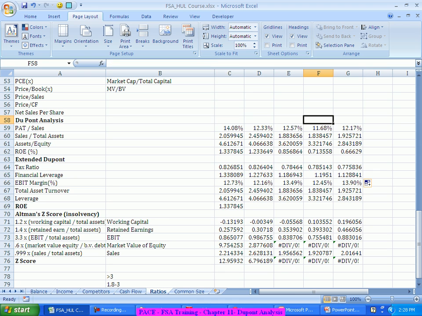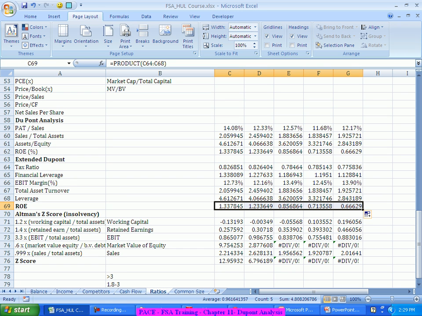So I have to do proper debt management, proper tax management. Only when I improve on all these numbers can I improve my ROE to the previous number. So it also tells me that, apart from the sales function or operations function or finance function, I also need to focus on tax management and on debt management. Only when I am able to manage all these 5 areas effectively is my ROE going to improve.